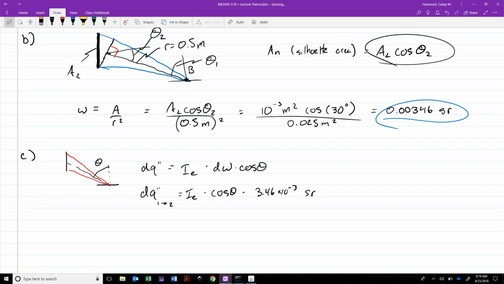So Q from 1 to 2 would be the integral over A1 of dq double prime from 1 to 2 dA.